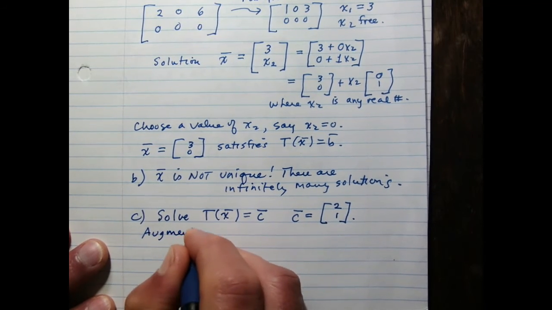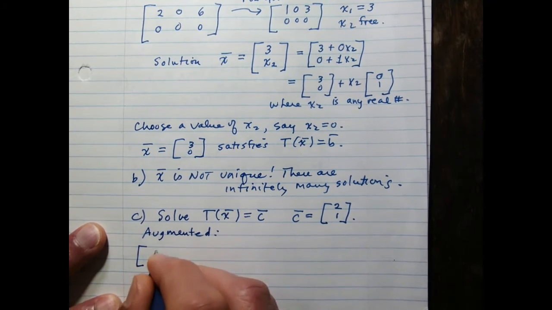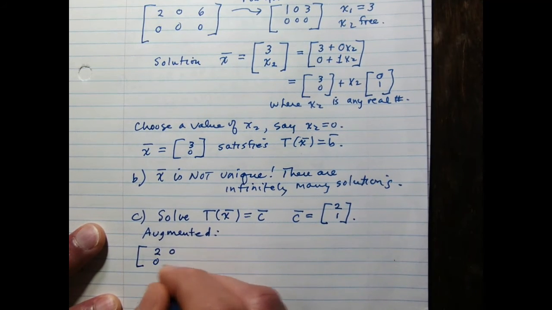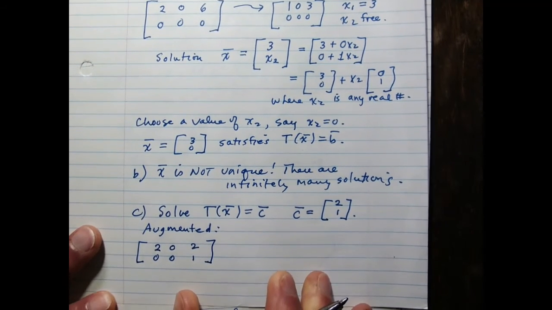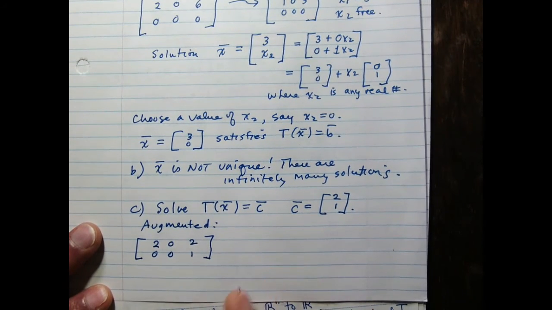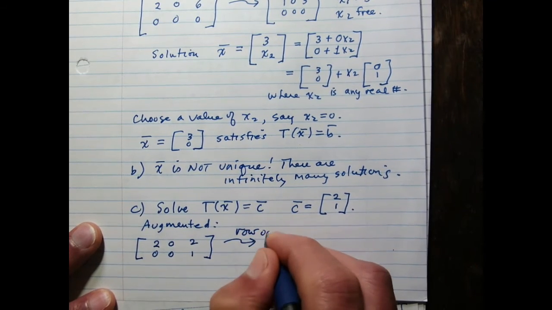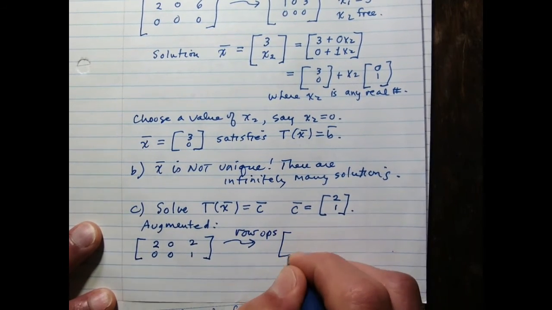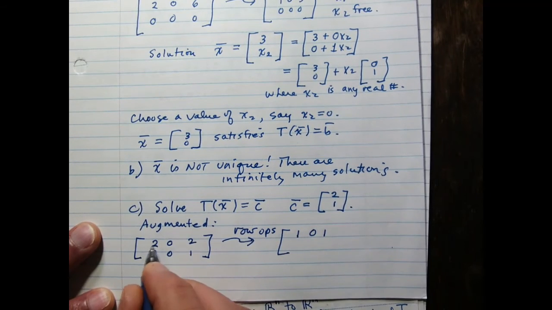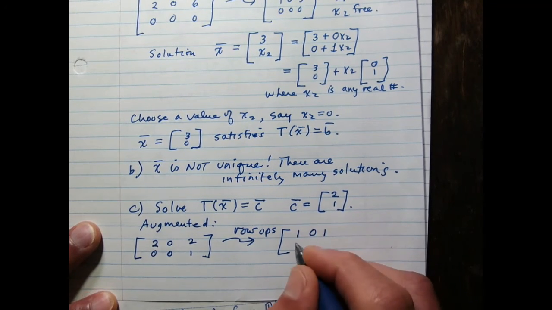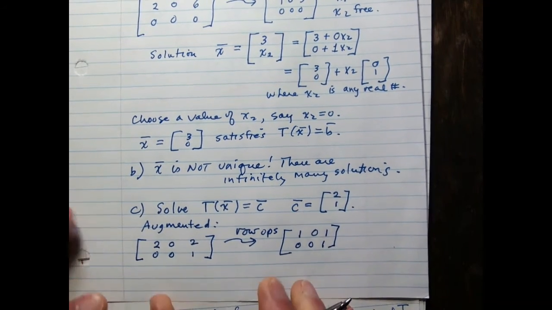The augmented matrix would be our original A, 2, 0, 0, 0, and 2, 1 goes in the column on the right. And we apply our row operations. And there's only one step here. I get 1, 0, 1. I'm just going to divide the first row by 2. 0, 0. Actually, I didn't even have to do that, did I?